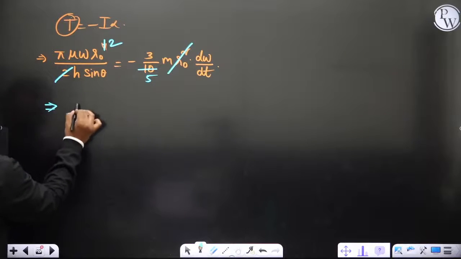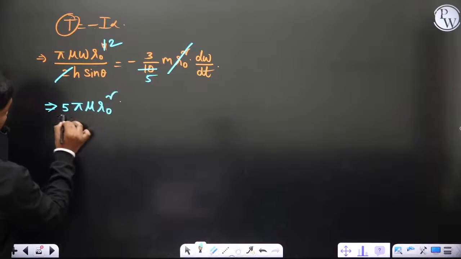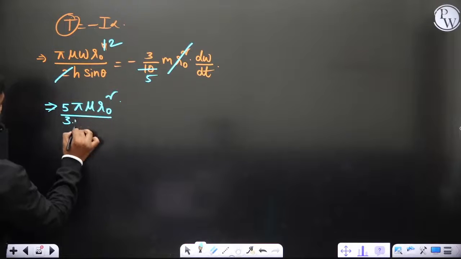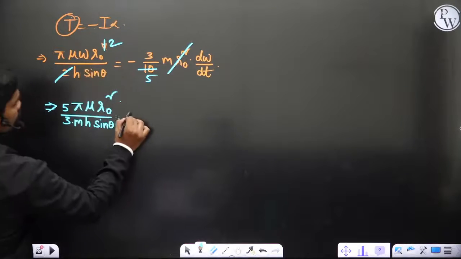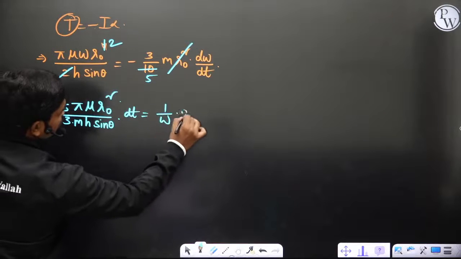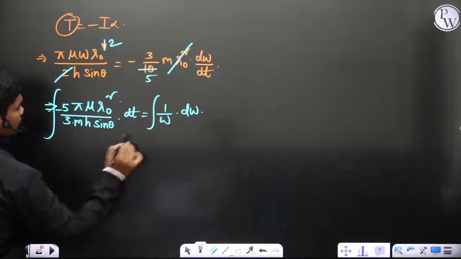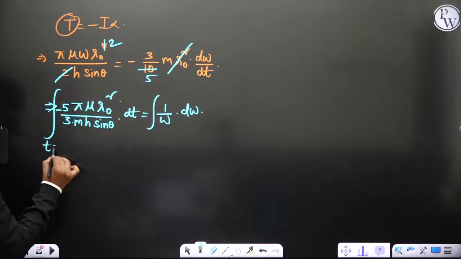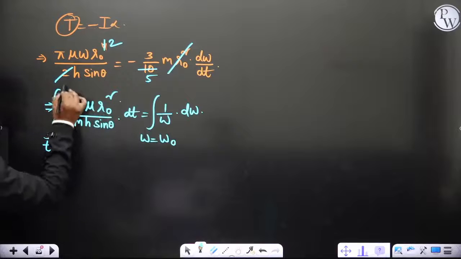So this implies pi mu r naught square or 5 by 3 m h sin theta into omega dt is equal to d omega. If it comes here, this is 1 by omega d omega actually, with a minus sign obviously because this minus is also there. Now if you integrate this, clearly you know this is a time integral. So at time t equal to 0, omega is equal to omega naught. It is rotating with some initial angular velocity.